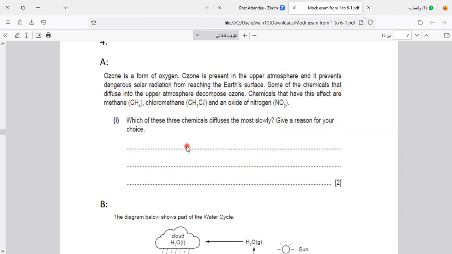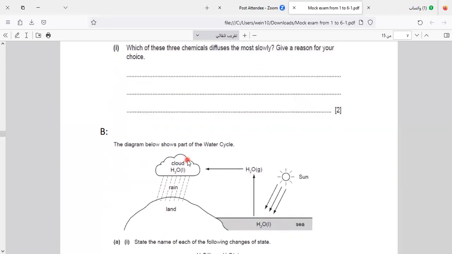The mass of CH4: carbon is 12, and 4 hydrogens make 16. For this one, carbon 12, hydrogen 3, so 12 and 3 make 15. And chlorine is 35.5. When you add these numbers together, you will find CH3Cl has the highest molecular mass.